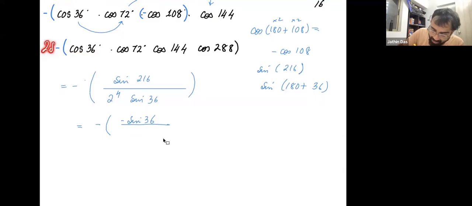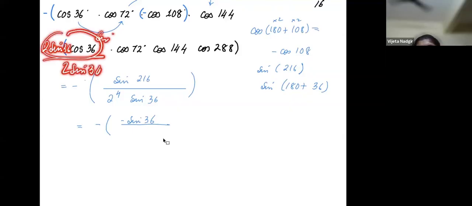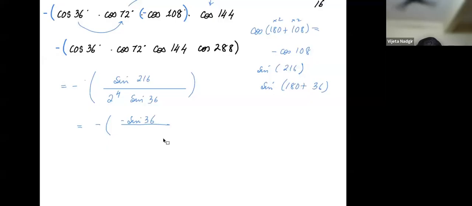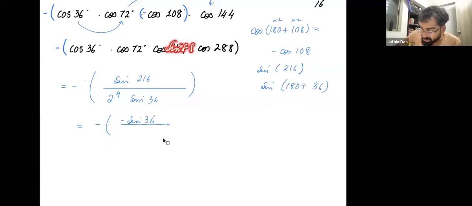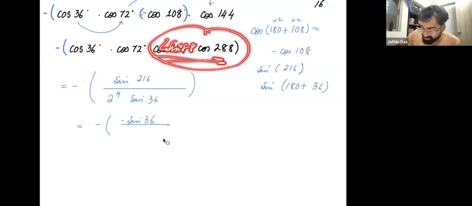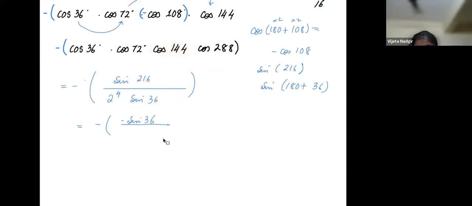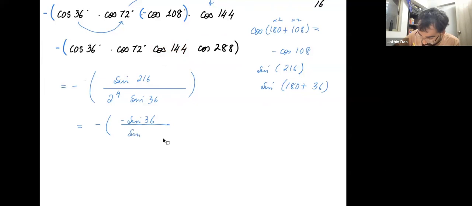If you have doubt, always think: I'll multiply 2 sine 36 on top and 2 sine 36 on the bottom. Then this becomes sine 72 and so on. And in the last, you will get sine of double the biggest angle. Always see the process. That's why I taught you the process also. 2 raised to 4. Okay, cancel. Minus cancel. 1 upon 16.